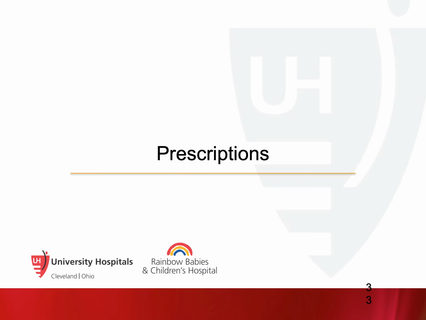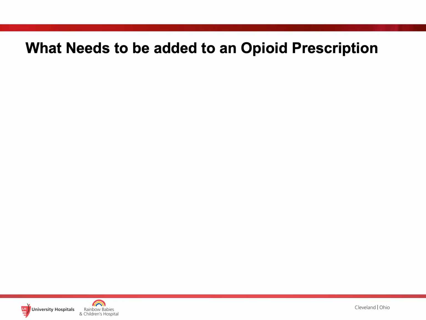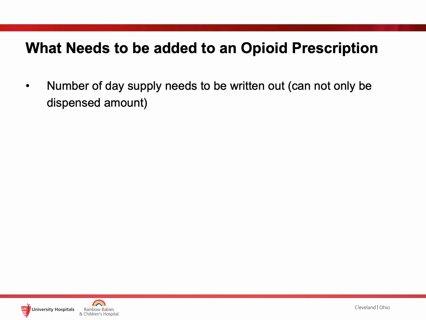With prescriptions, what you need to have on an opioid prescription is the number of days of supply. It can't say anymore that you are dispensing 10 pills; you actually need to say dispensed amount for 3 days. You also need to have the ICD-10 code on there. I will put the ICD-10 code, and then sometimes I will put their diagnosis.